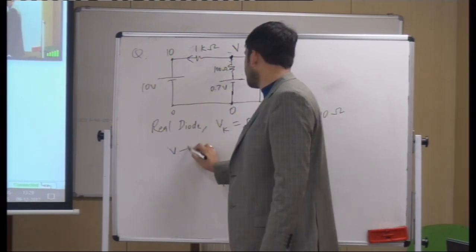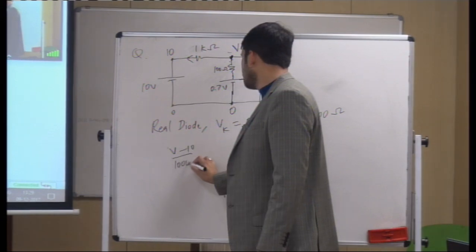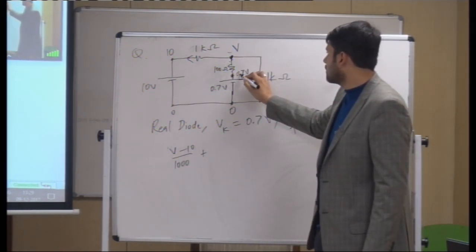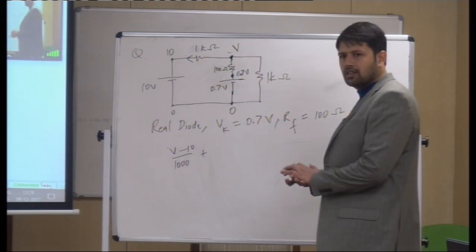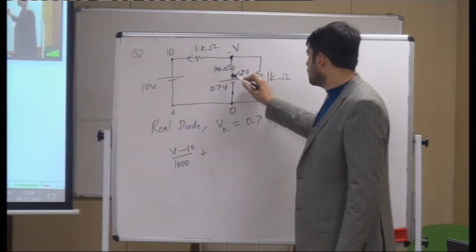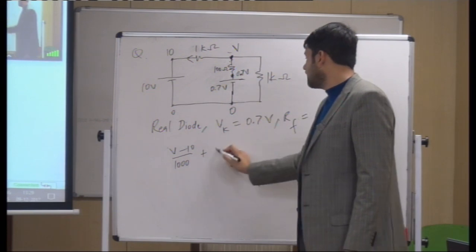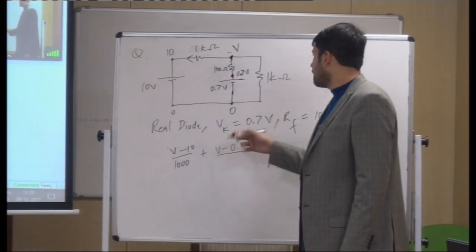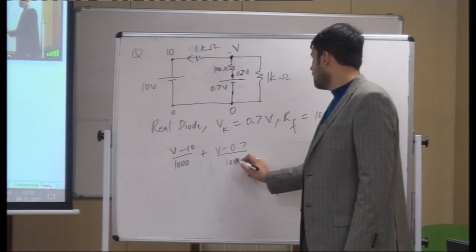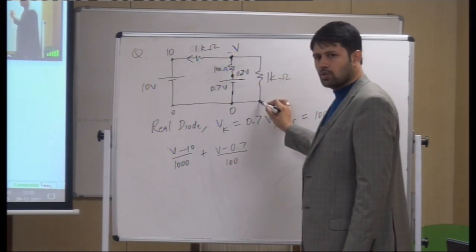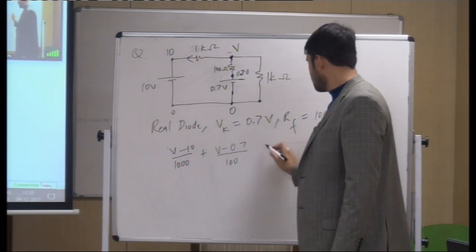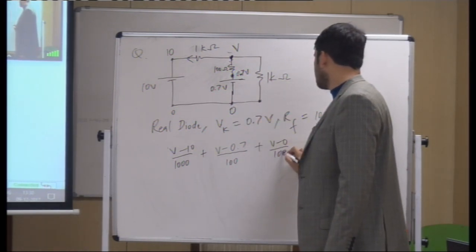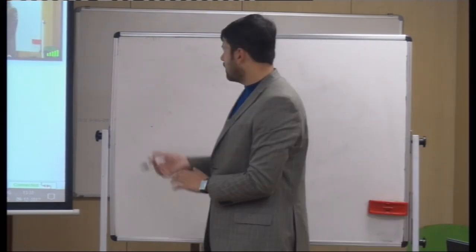So V minus 10 by 1000, here it is 0.7 volt, right? So the potential difference between these 2 points is V minus 0.7 upon 100. In this branch the potential difference is V minus 0 upon 1000.